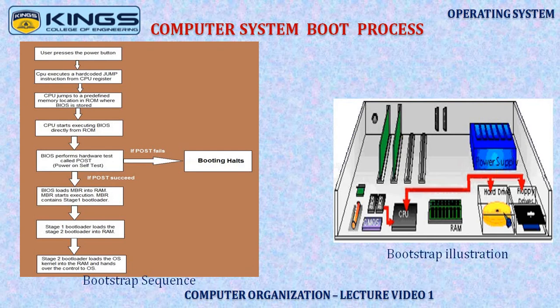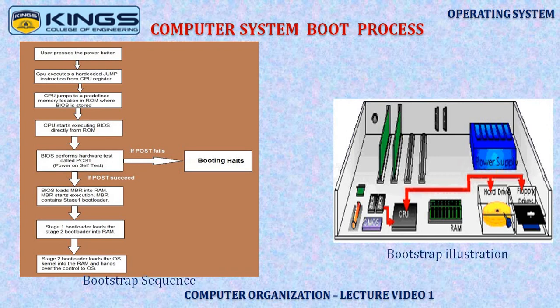I repeat, once the bootstrap program is located, the operating system kernel will get loaded into the system's memory. Once the kernel is loaded, it will start its execution, and immediately it will start providing services to the system as well as to the user of the machine.